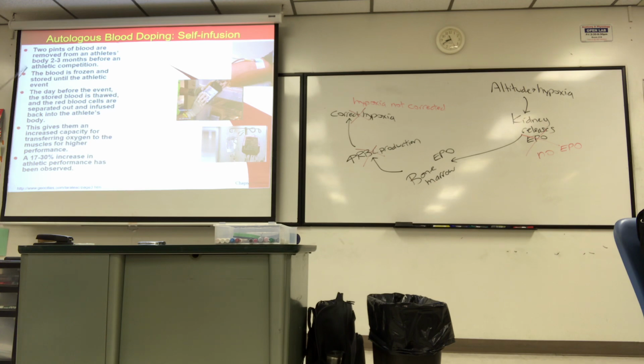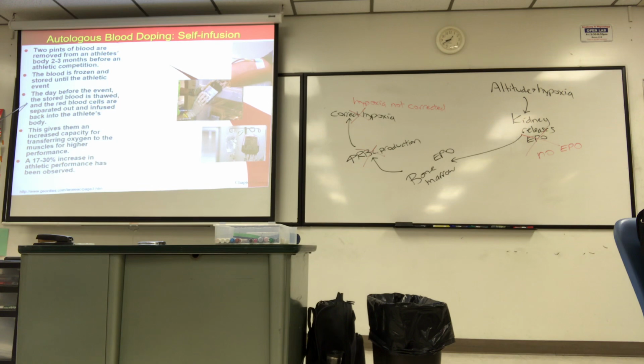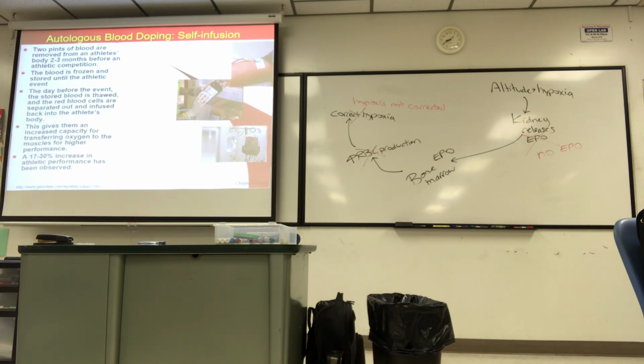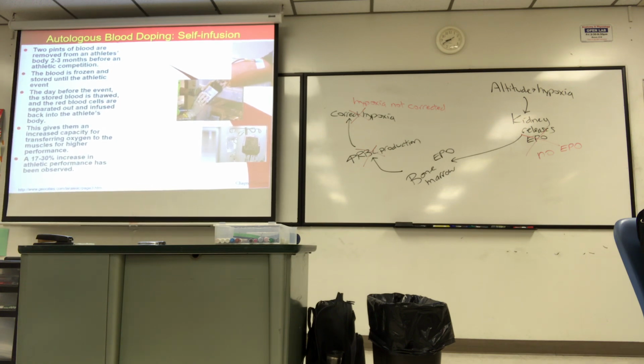While you're training, a few months before your event, take your blood out, store it in the freezer. The day before the event, thaw it out and reinfuse and give yourself a boost right before the event.